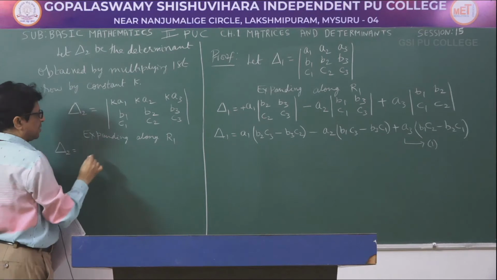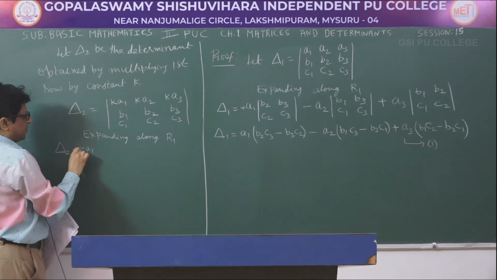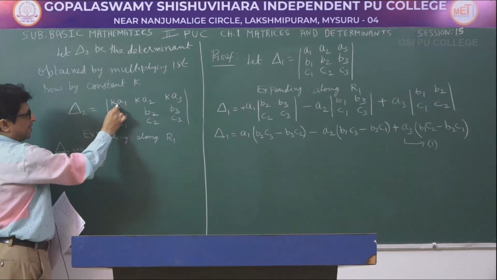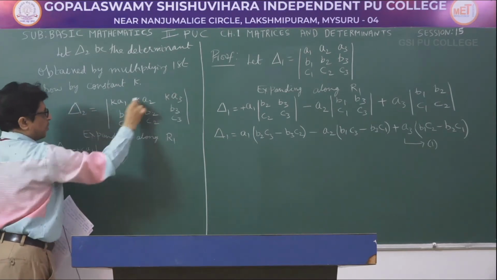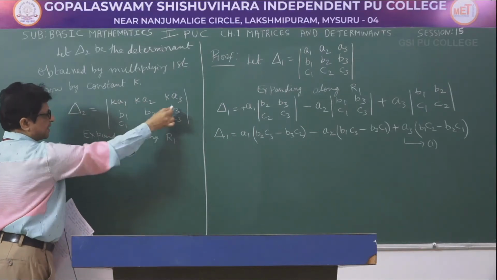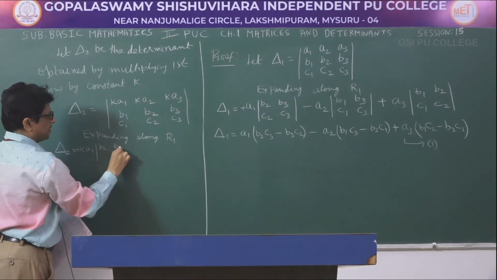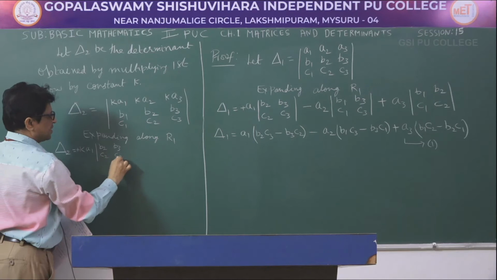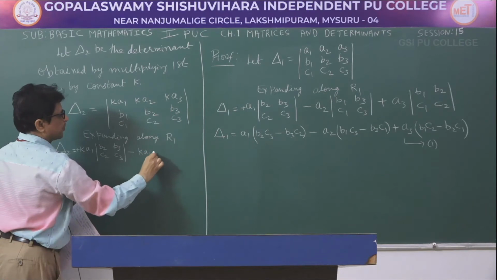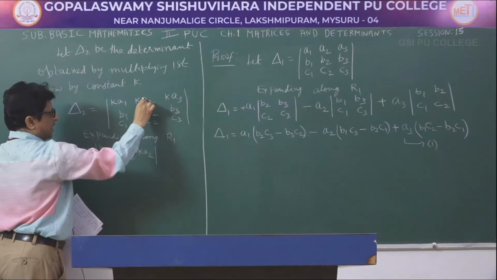So, delta 2 is equal to, the first element of R1 is ka1. We shall write plus ka1 into, so ka1 lies in the first row and first column. We eliminate the first row and first column and take the determinant of the remaining elements, that is b2, b3, c2, c3, minus next element is ka2 into, so ka2 lies in the first row and second column.